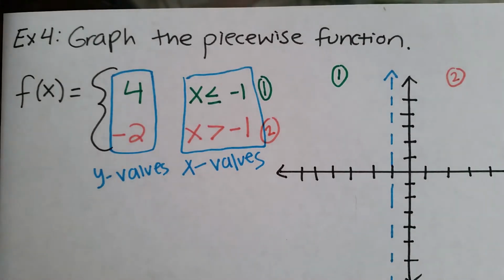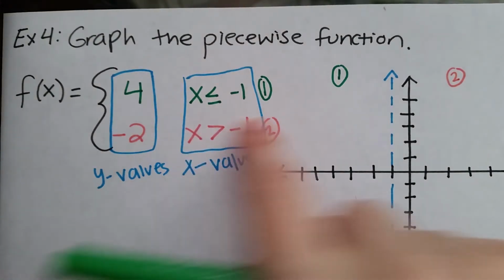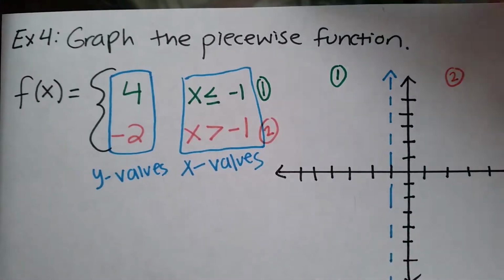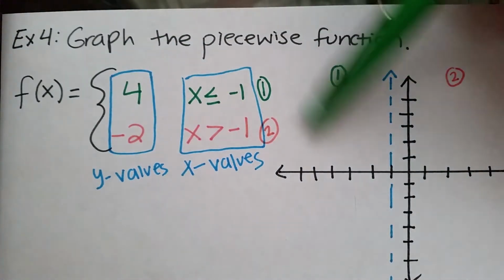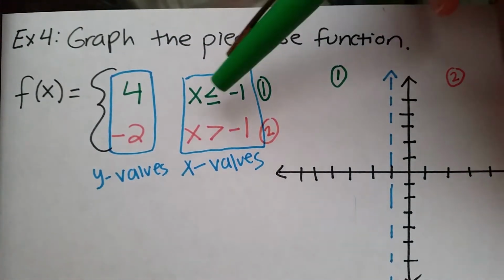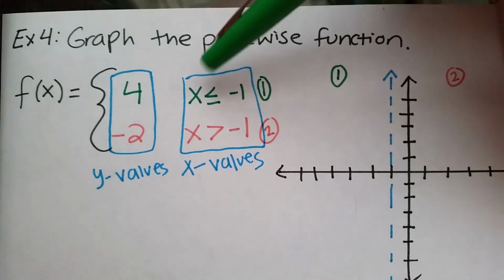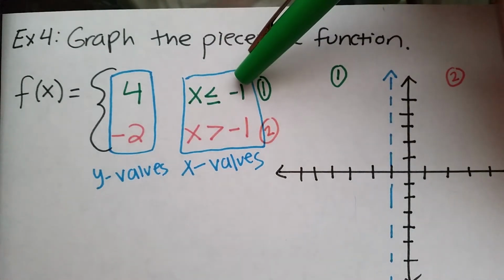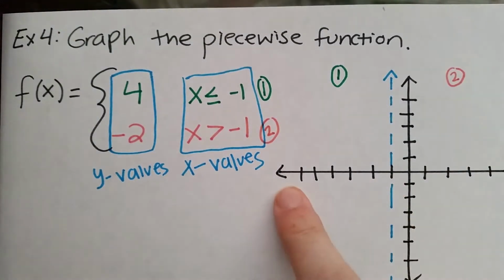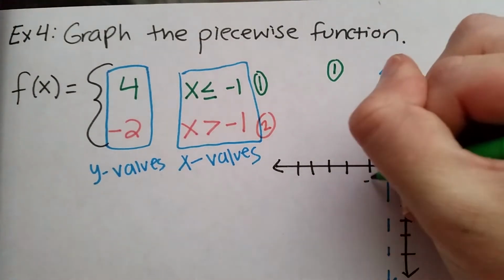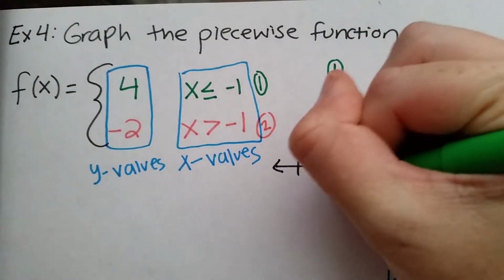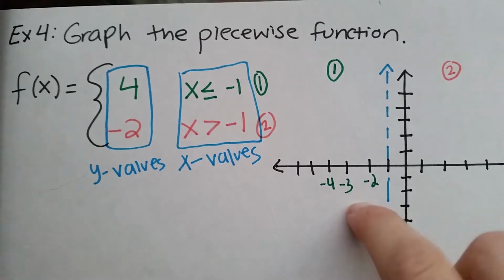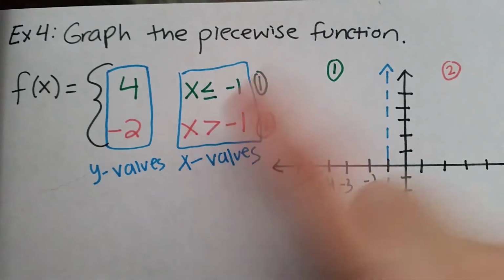The reason why part 1, my green equation in our piecewise function, occurs on this section of my dashed line is because the x values are less than or equal to -1, which if you look on the x-axis, these are all numbers like -2, -3, -4, numbers that are less than -1.